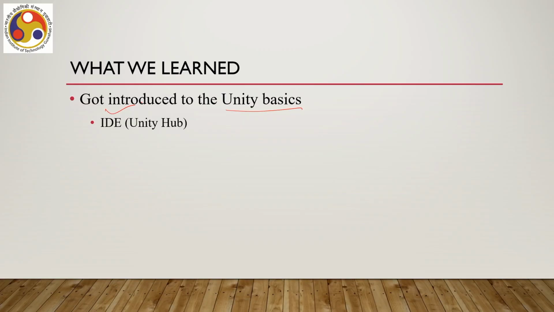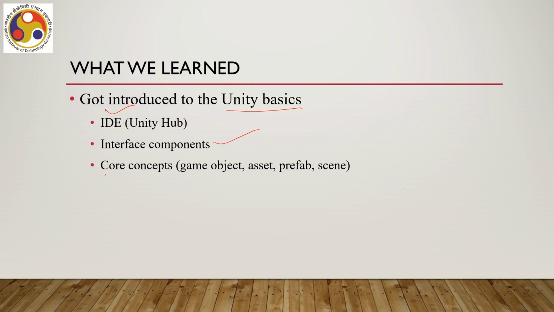We talked about the IDE which we can get when we install the Unity Hub package, then the various components of the IDE, and also some core concepts such as game object, asset, prefab and scene. We are going to continue our discussion in the next part of this lecture on linking theory to practice.